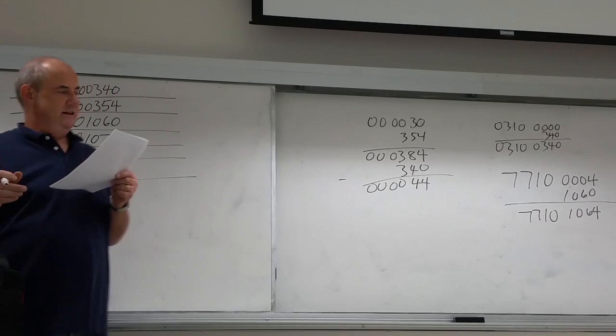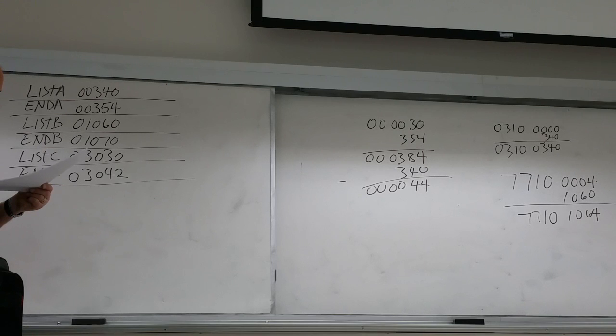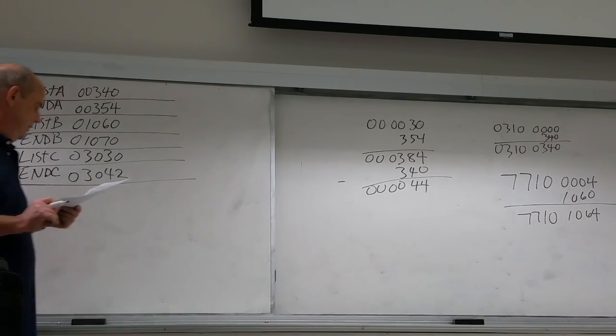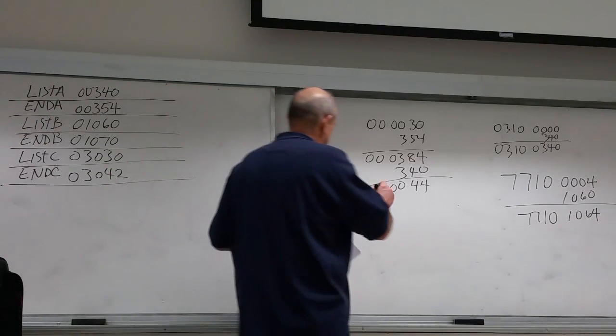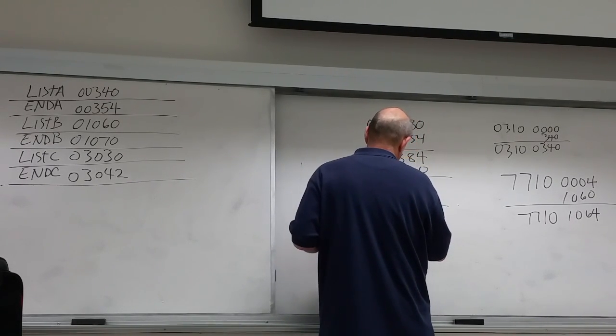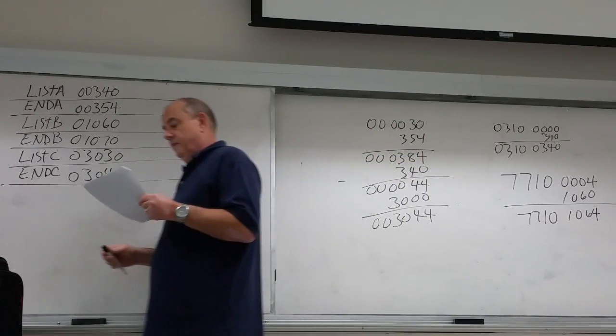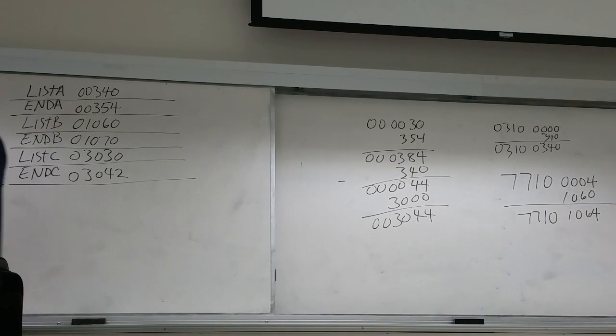Now is that in fact list C plus end A minus list A? Yes. Okay. And finally, we have plus prog C. 3044. Not too bad.